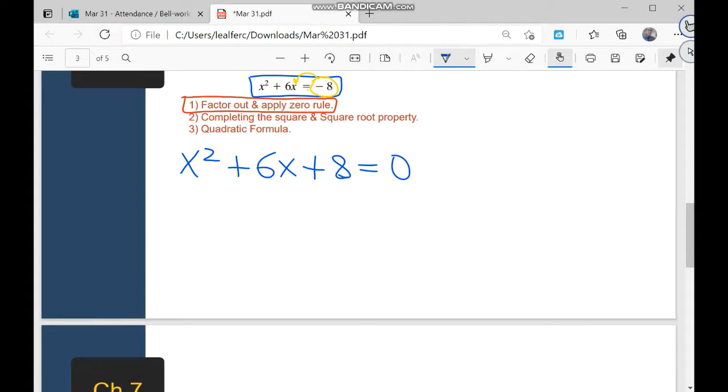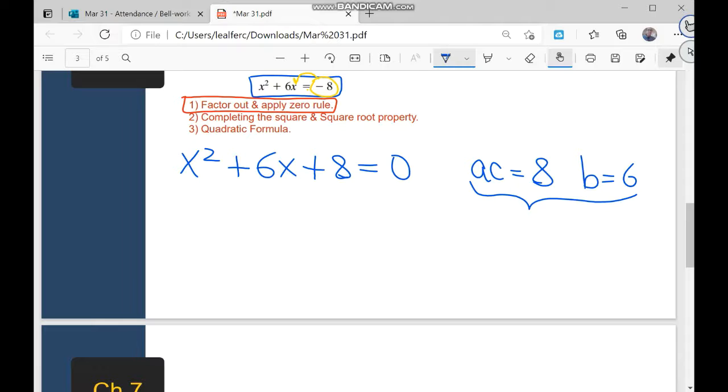Nice? We need to factor, and I like the AC method to factor. A times C equals 8, and B equals 6. Find two numbers that multiplied equal 8, and the sum of the numbers equals 6.